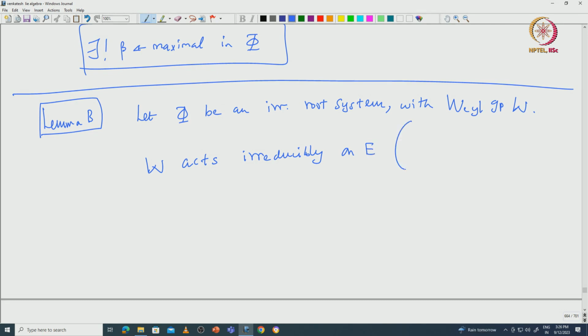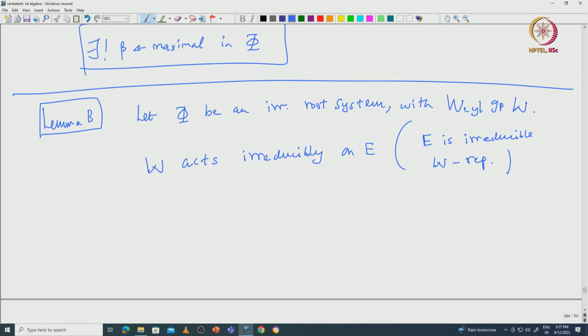As a W representation, E is an irreducible module. That is what we mean by W acts irreducibly on capital E.